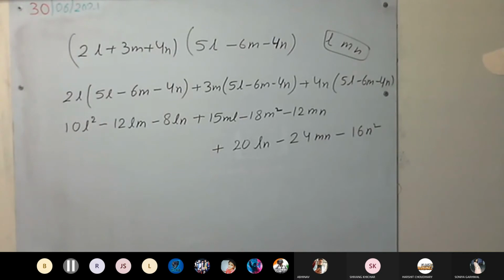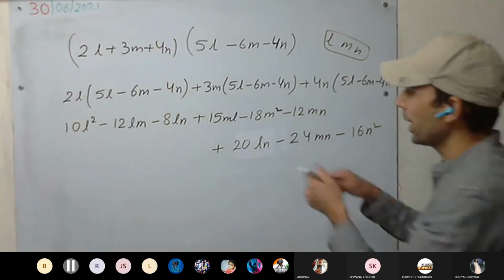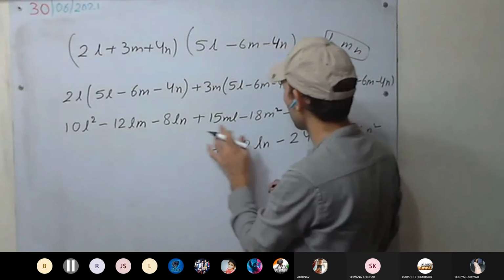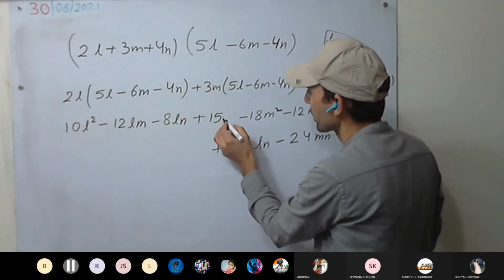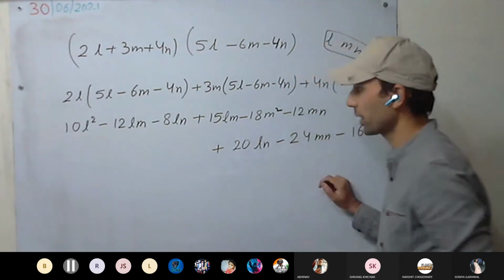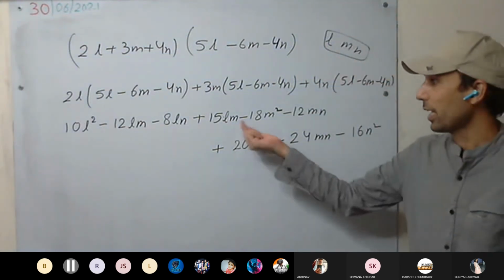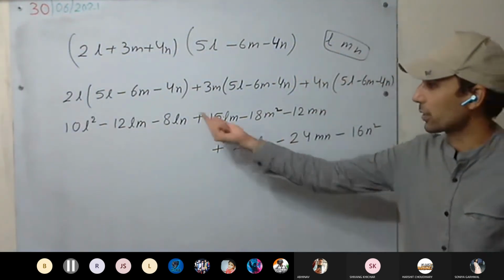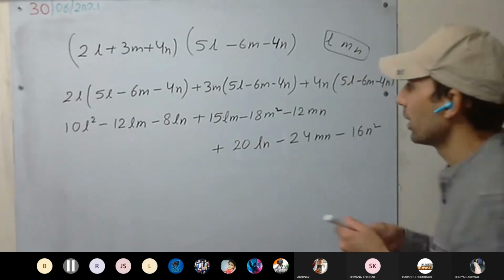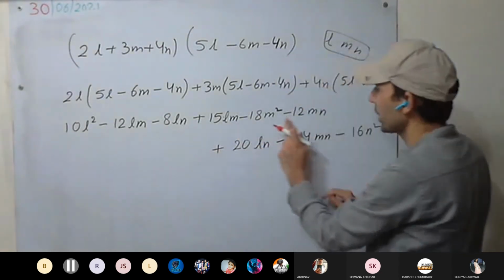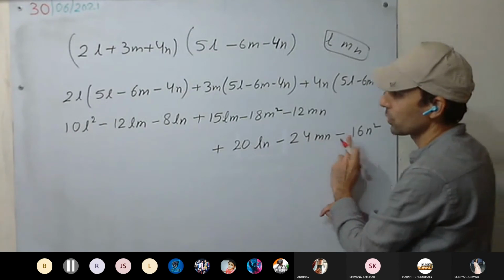So same terms. LM I'm writing, and here as well LM we will write. This will be easier, and in this order we write. Now find the similar terms. L square, is any L square there? No L square.